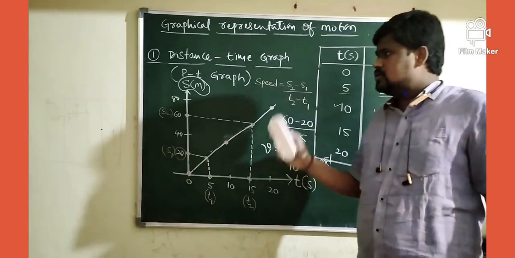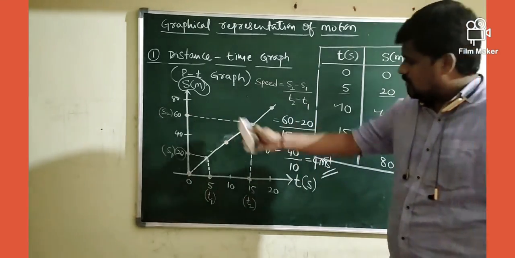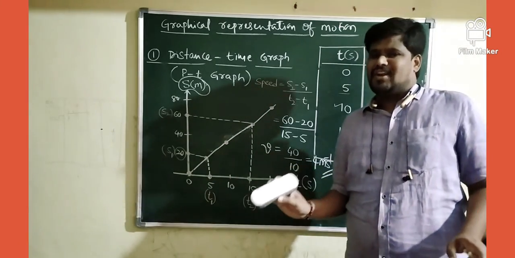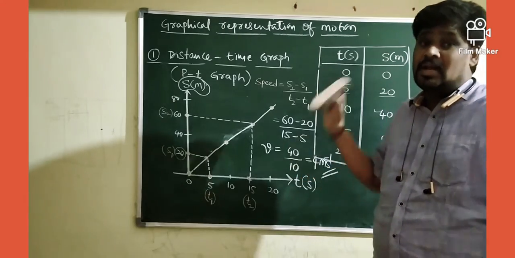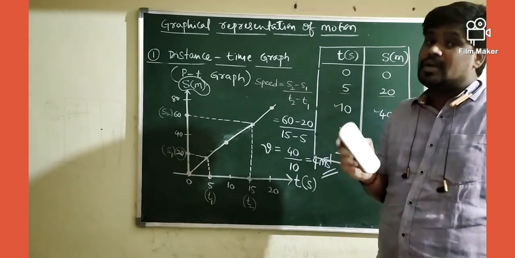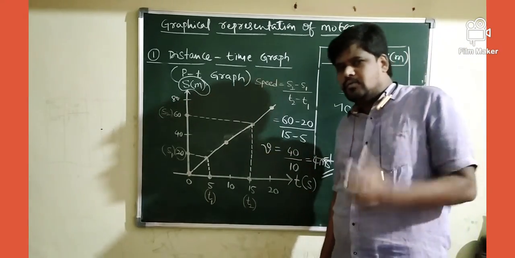When the body is moving with non-uniform velocity, definitely this graph will not be a straight line. It will not be linear. Instead of a straight line, you are going to get a curve.